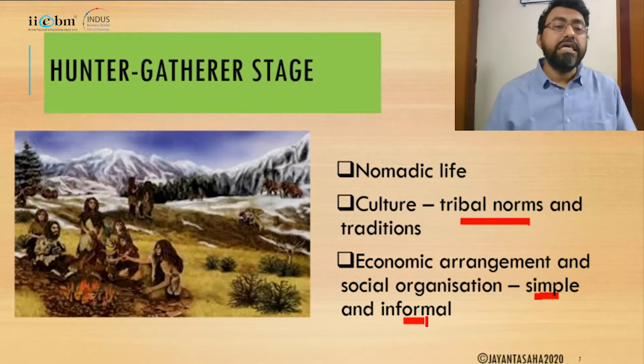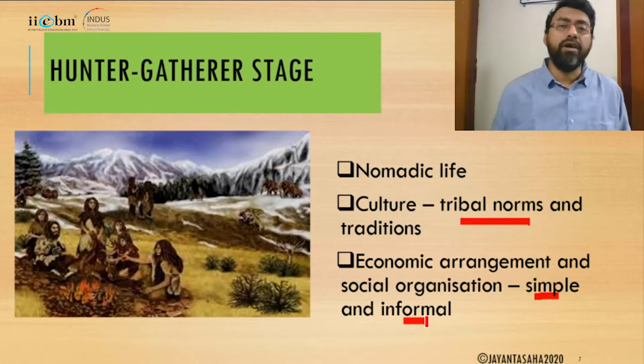Obviously, as you see in the picture, you don't see any kind of boundary or any land that they have demarcated as their own. So obviously the economic arrangement and social organization is simple and informal, which is why we are describing it as a primitive civilization from the point of view of the lens of modernity.